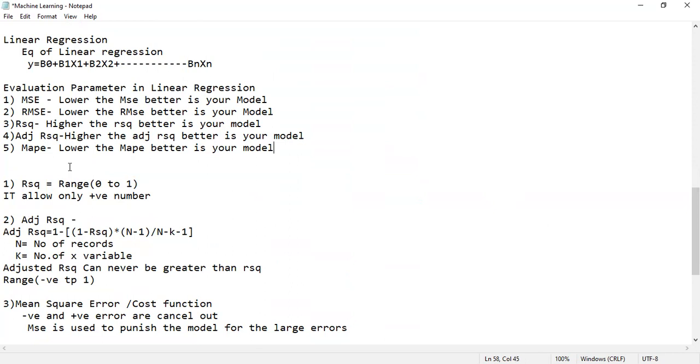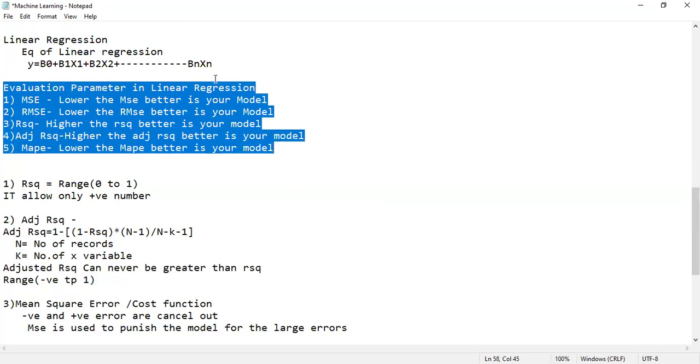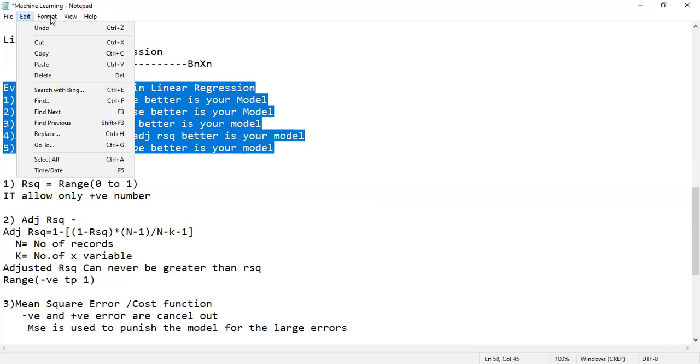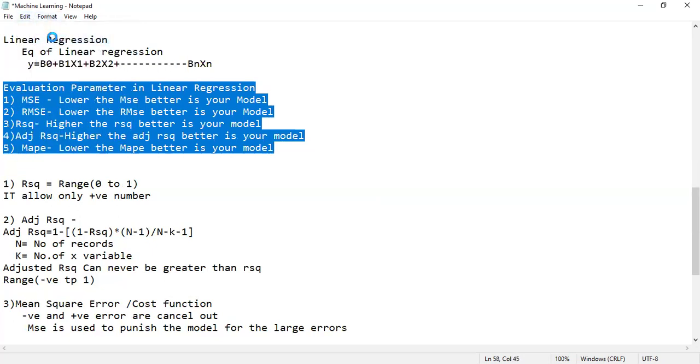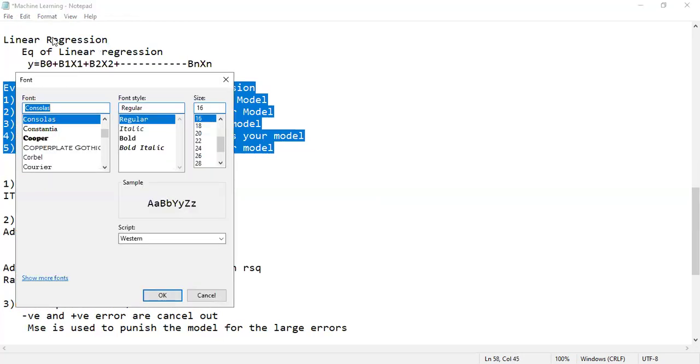That's why lower the mean absolute percentage error, better is your model. These are the most important points. I will make it bold. You have to remember it because in model building, these are the most important points you should know, as they will help you judge if the model fails or whether we should use any tuning to get it to the best condition.